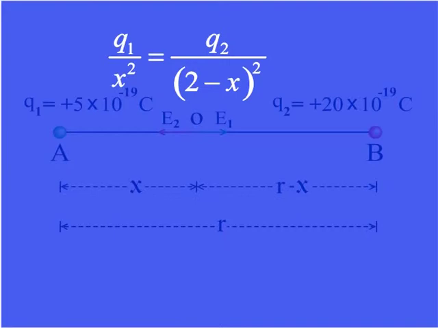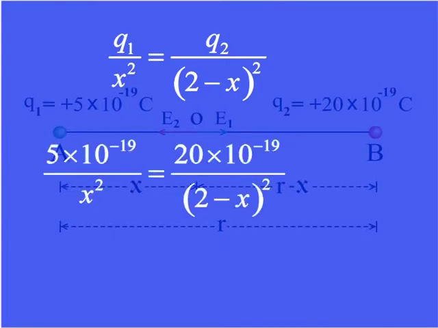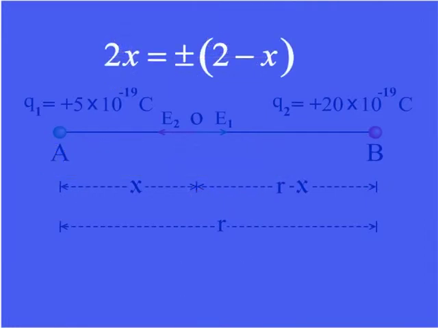square of 2 minus X, that is 5 into 10 raised to the power minus 19 upon X square equals 20 into 10 raised to the power minus 19 upon square of 2 minus X, or 4 into X square is equal to 2 minus X whole square, or we can get 2x equal to plus or minus of 2 minus x.